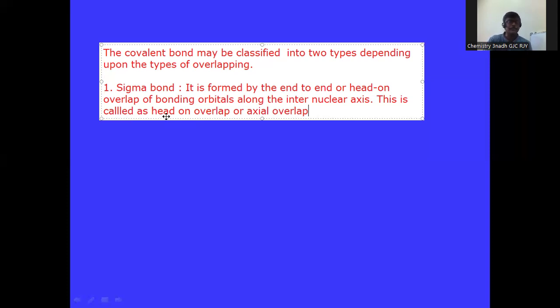This type of bonding we call the sigma bond. This is also called head-on overlap or axial overlap.